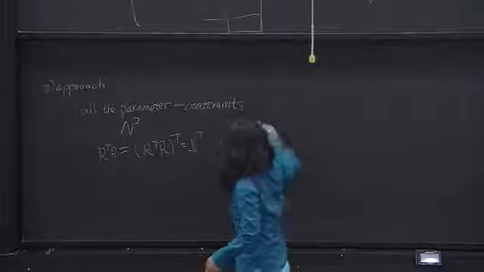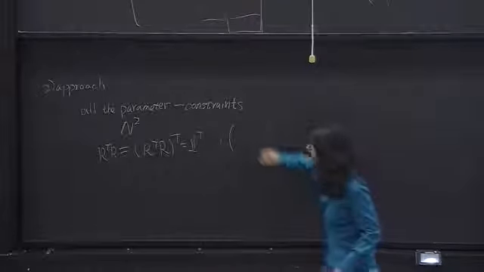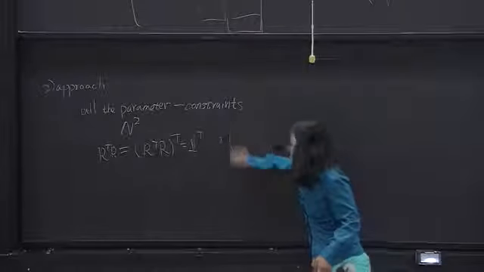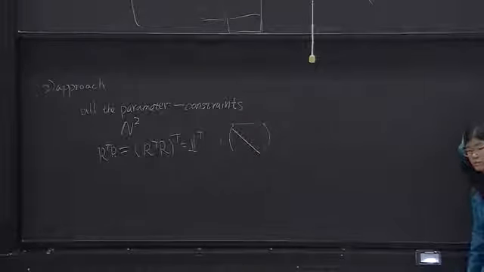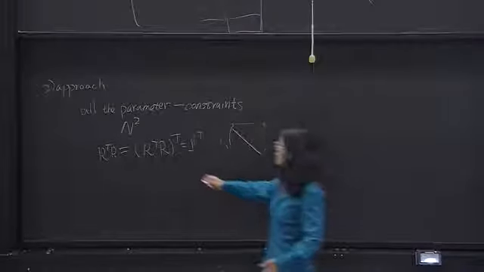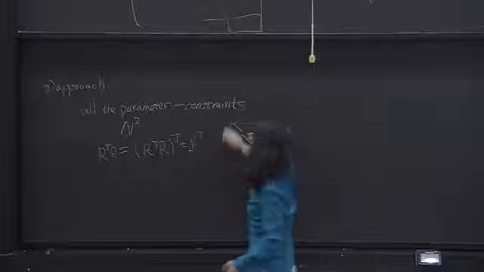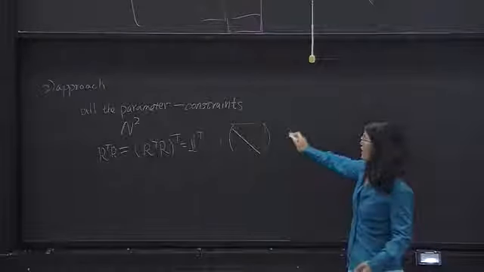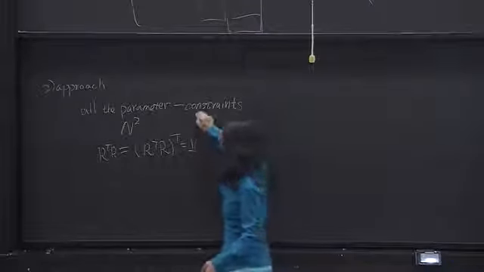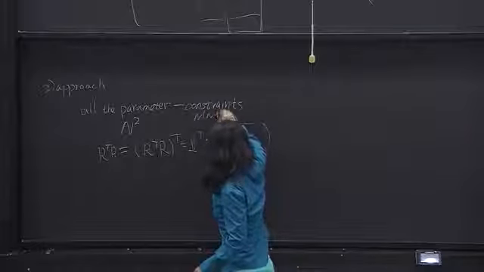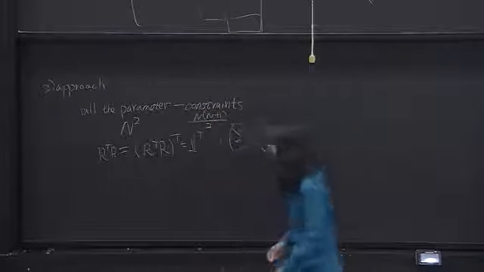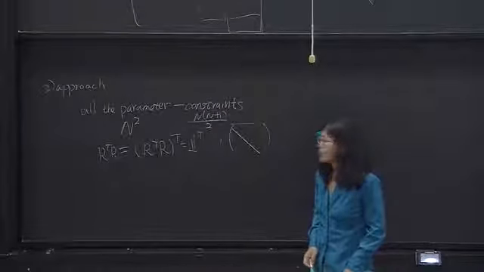So there are n square equations, but only the upper triangle matters. So the number of constraints is how many entries there are in the upper half of the matrix, which is n times n plus 1 divided by 2. So can you repeat the argument about the transpose? Right.